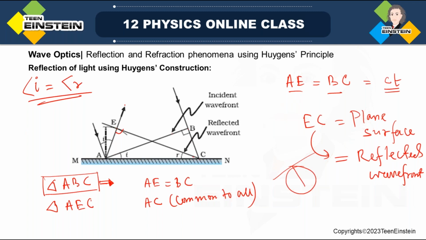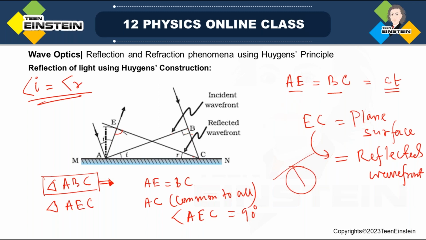So AE is the ray, and this angle must be 90 degrees, because it is a spherical wavefront and this acts as the radius. So this angle is 90 degrees. What you can write here: angle AEC is 90 degrees.